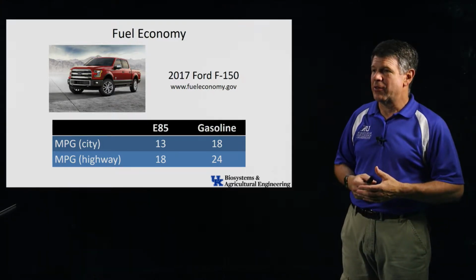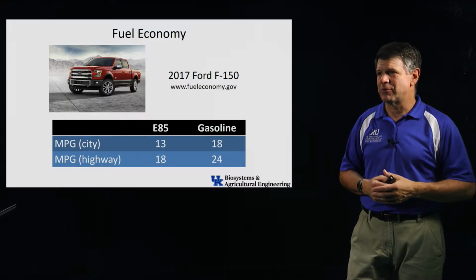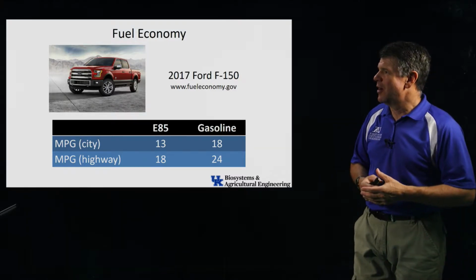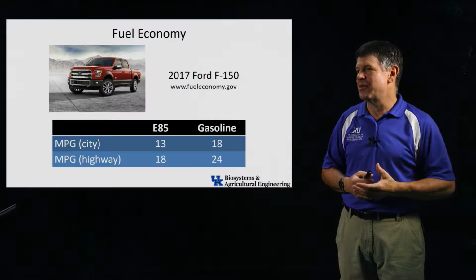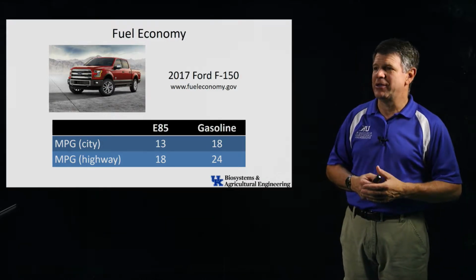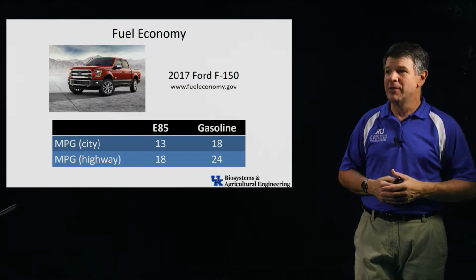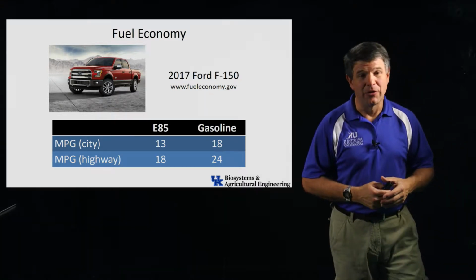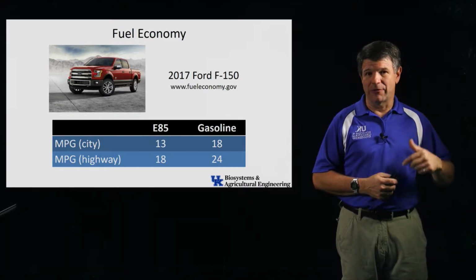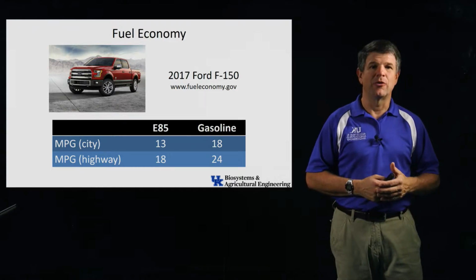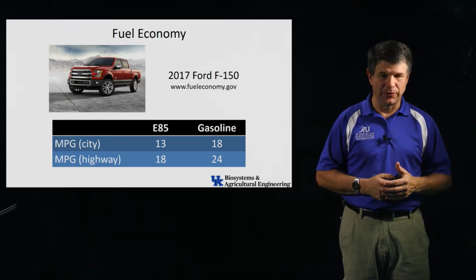This particular truck, I looked this one up, a 2017 Ford F-150 on E85. There you can see that it has about a 13 city and 18 highway, whereas on gasoline it'll go 18 and 24. So you can see the difference in the fuel economy that you would achieve with ethanol fuels versus the petroleum-based gasoline fuels.